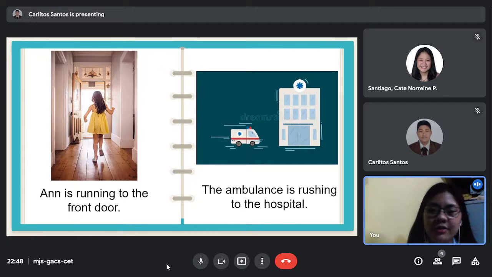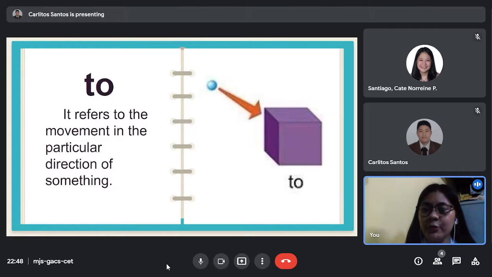Okay, someone answered the word to, which is correct. But how do we use the word to? Let's have the meaning of to. It refers to the movement in a particular direction of something.